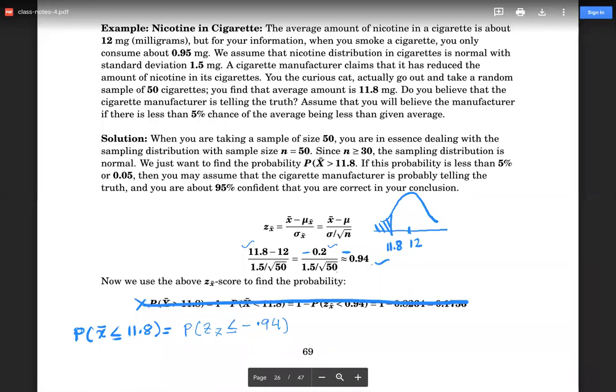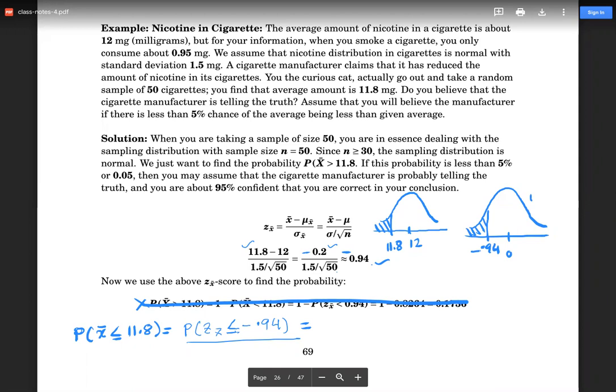So the probability of X bar less than or equal to 11.8 is the same as the probability of Z sub X bar being less than or equal to negative 0.94. In the standard normal distribution, this is 0, this is 1, and negative 0.94 is here. So we are looking for this area. Can somebody tell me what this value is for negative 0.94? Please look it up.